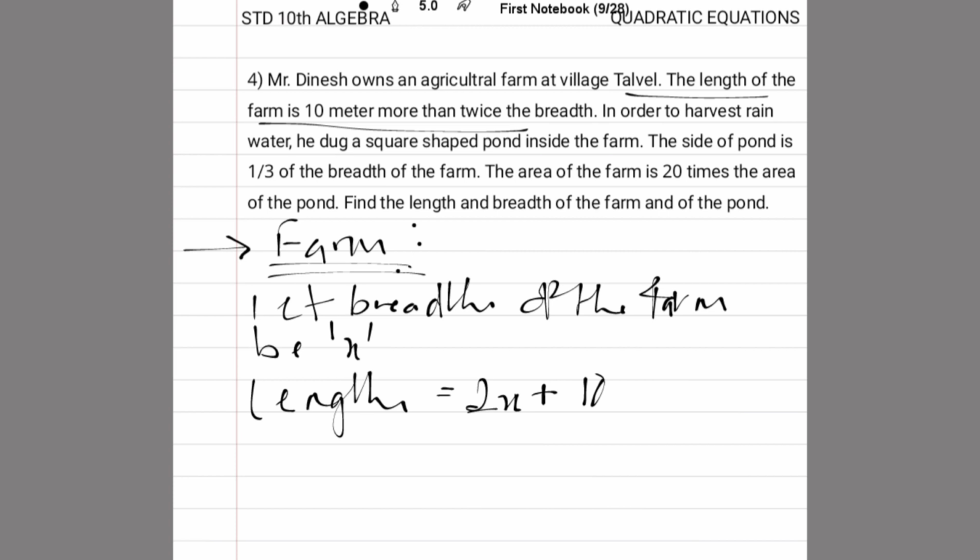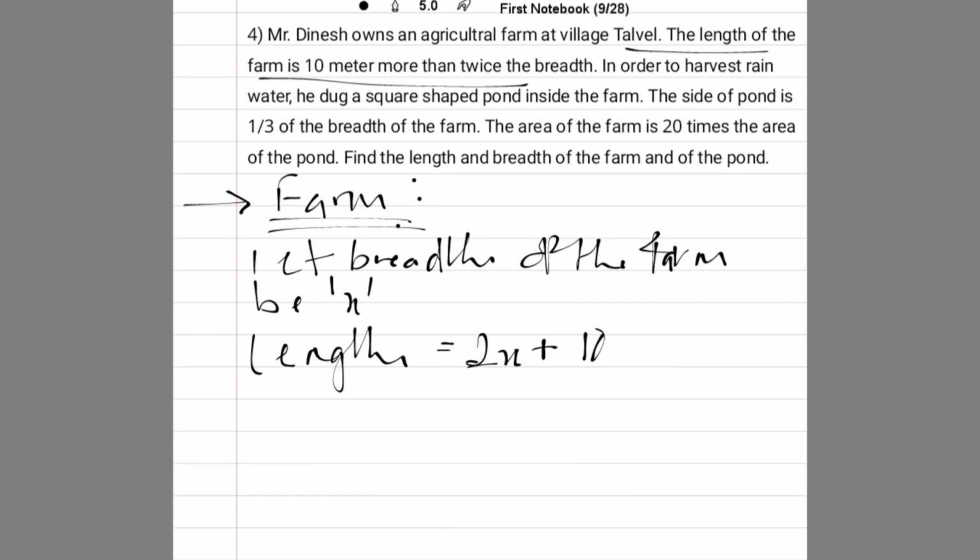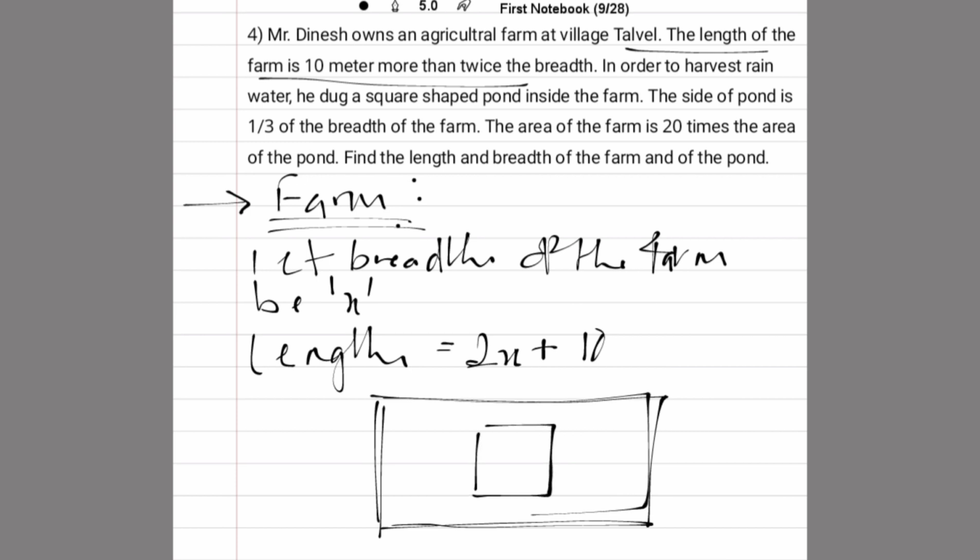Now in order to harvest the rainwater, he dug a square shaped pond inside the farm. The side of the pond is 1 by 3 of the breadth of the farm. Now see, we have a rectangular farm, and in that we are going to dig a square shaped pond, right? So we will just draw a diagram here. This is the rectangular farm, and in this we are going to dig a square pond.